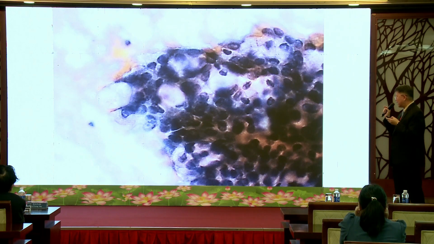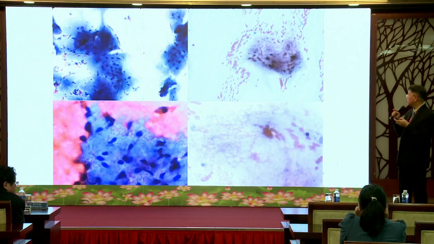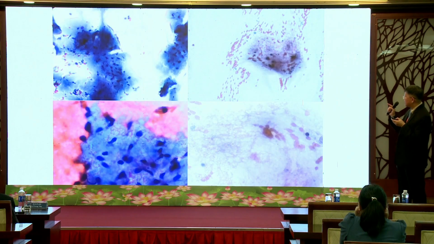Always look carefully at the cell component. Here you can see the mucus cells and pleomorphic cells, and they look very cohesive. The border of the cells looks sharp. You can compare the pleomorphic adenoma and the matrix: in pleomorphic adenoma you usually see myoepithelial cells blend with the matrix.